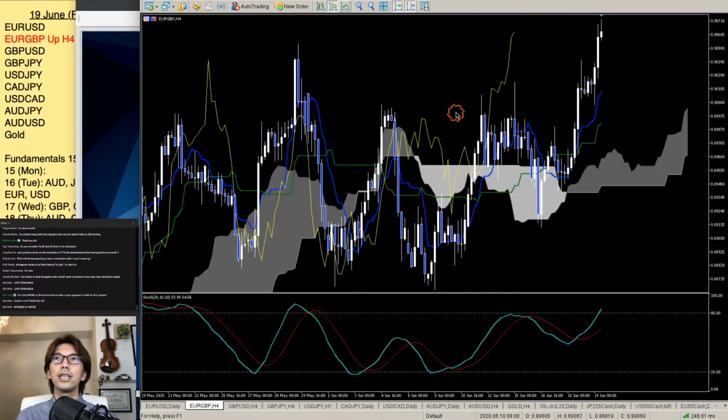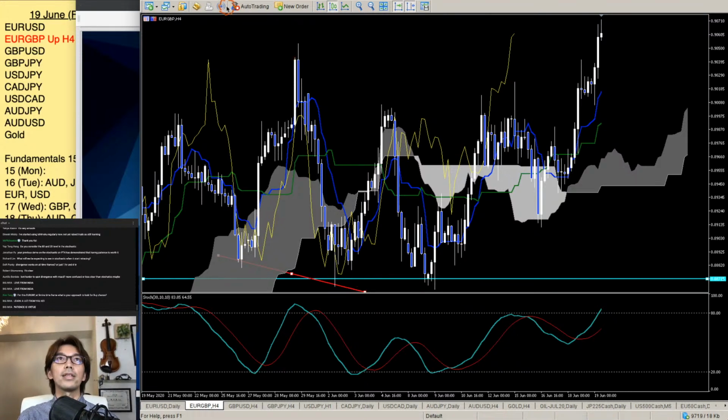So let's see if I can see somewhere that there is a divergence. Maybe this one was a divergence right here. The lows are getting lower right here, but if you look at the stochastics, the lows are not getting so much lower.